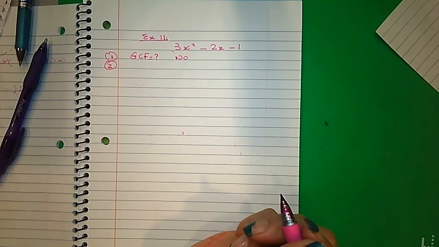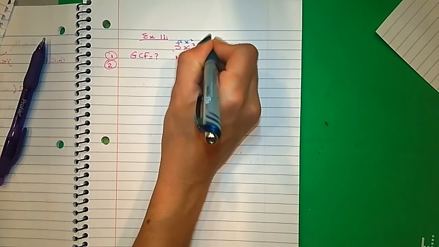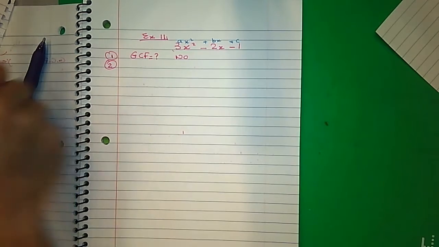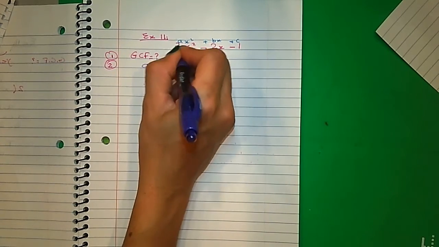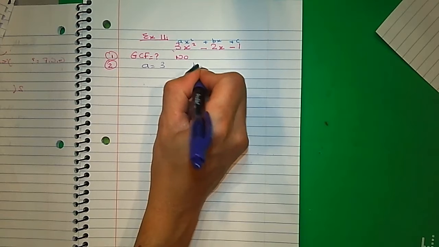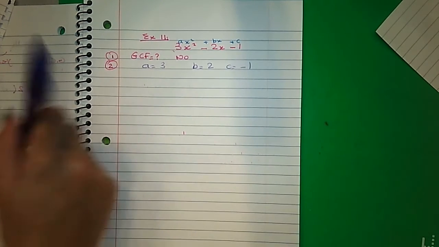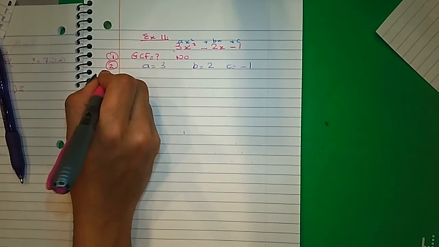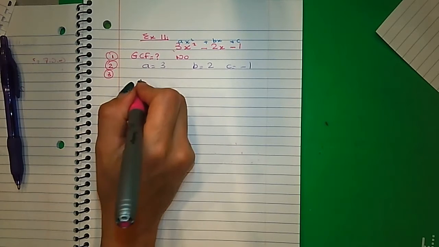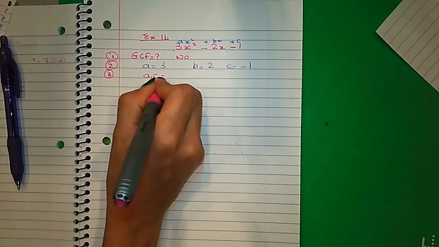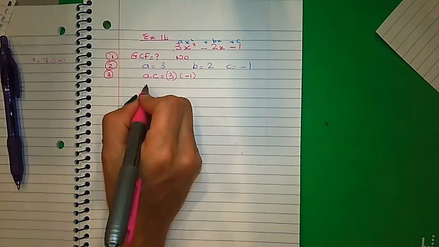For step 2, if it's easier for you to write ax squared plus bx plus c on top of it, we will identify a, which is 3, b, which is negative 2, and c, which is negative 1.